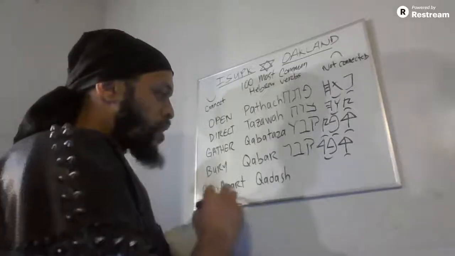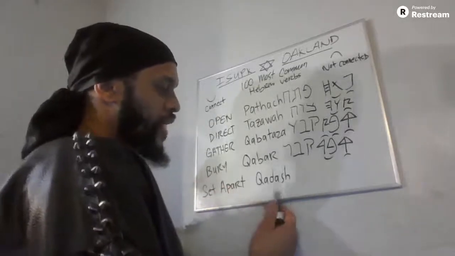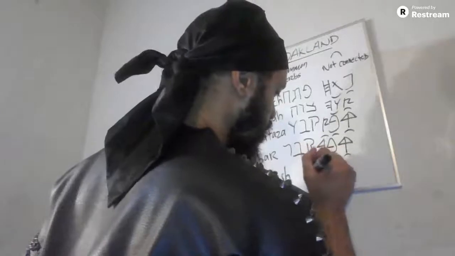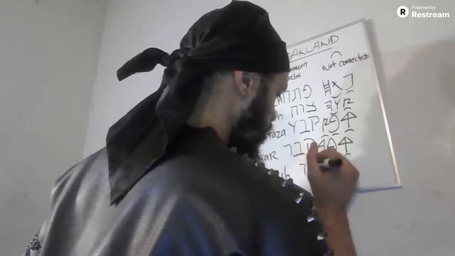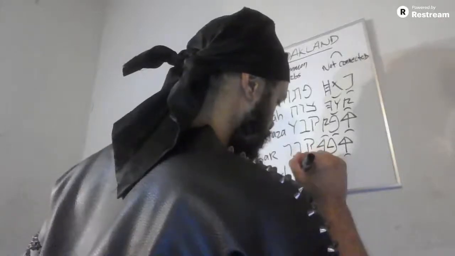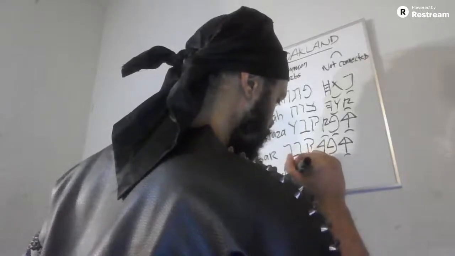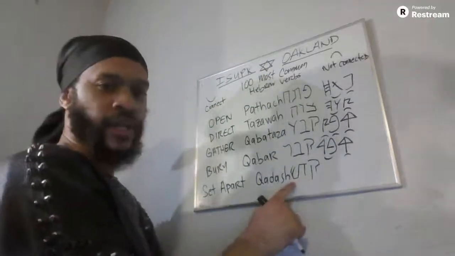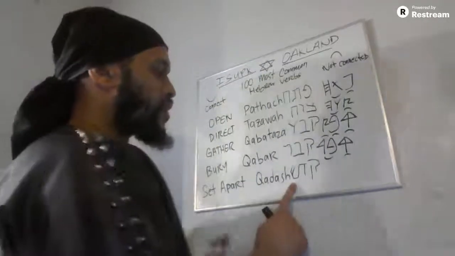Next is set apart, which is Qadash. In the Assyrian, it's Qada and Sha. Qadash.